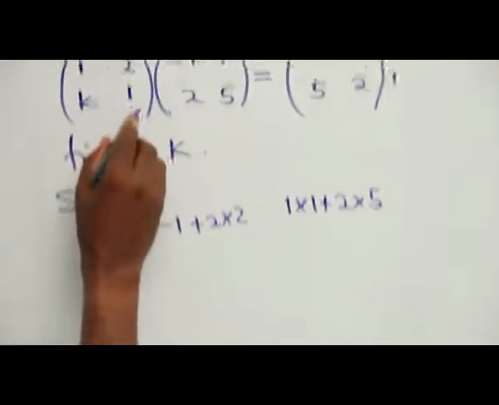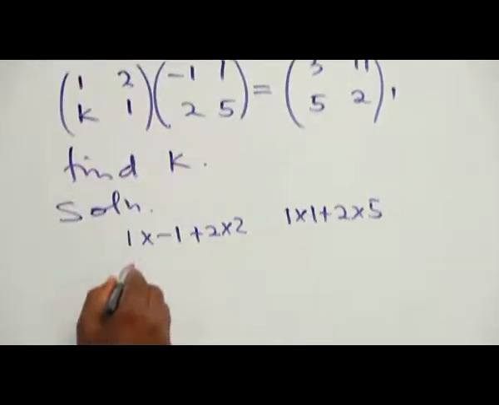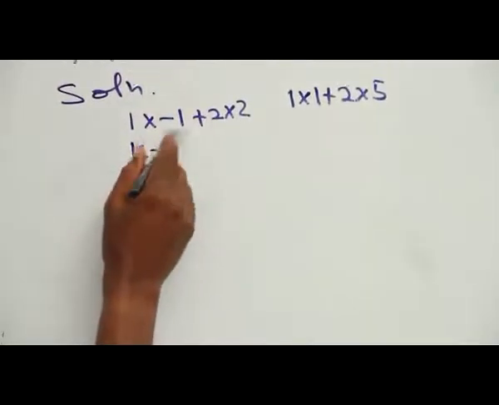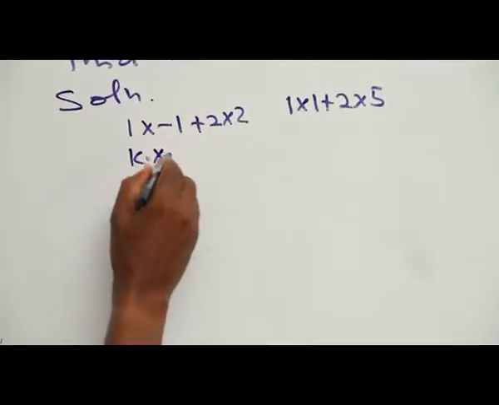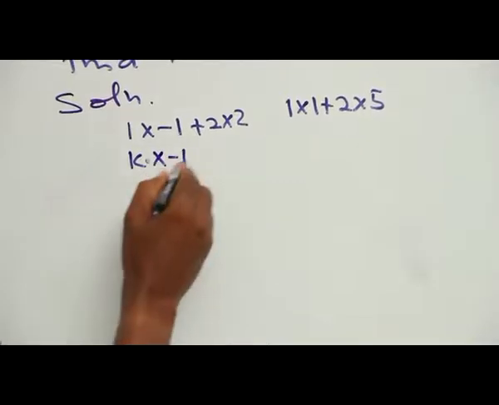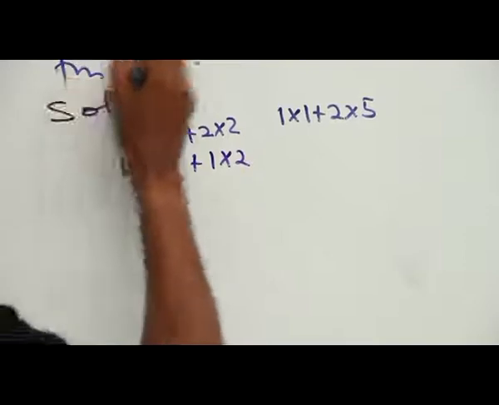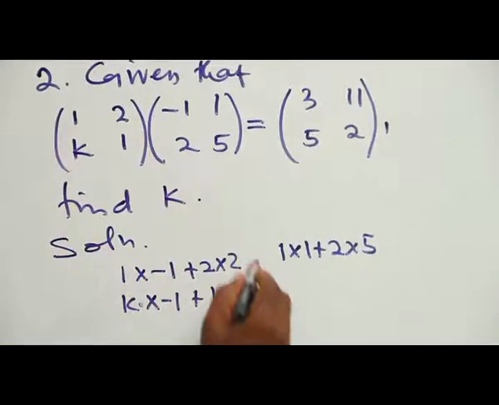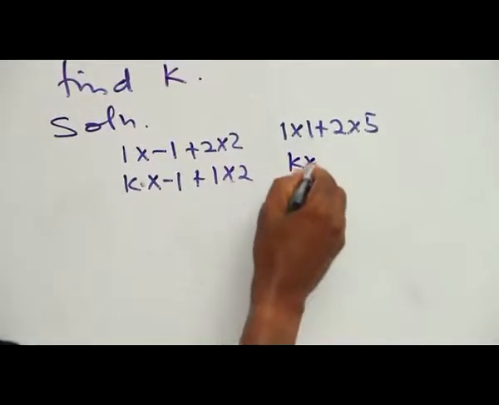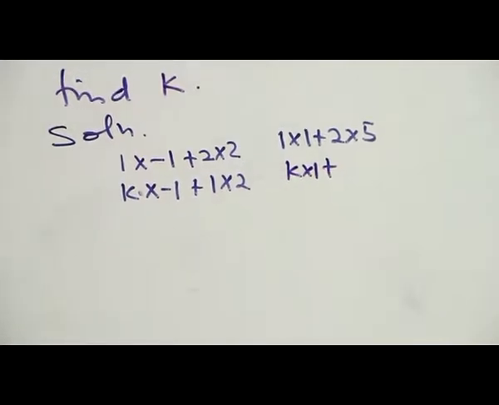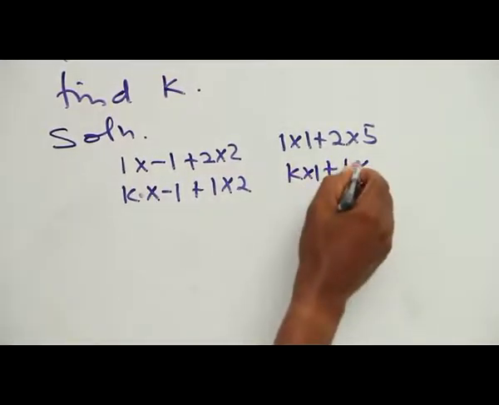You go to the second row: K times minus 1 plus 1 times 2. You go to the next one: K times 1 plus 1 times 5.